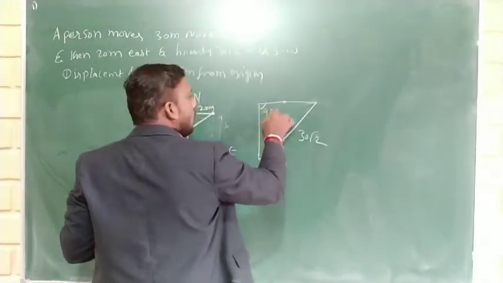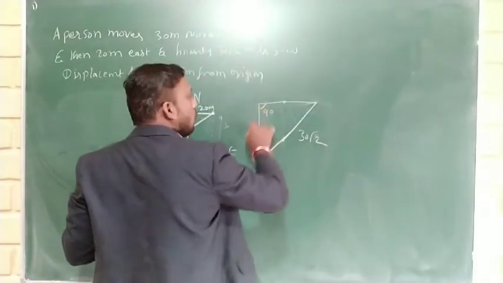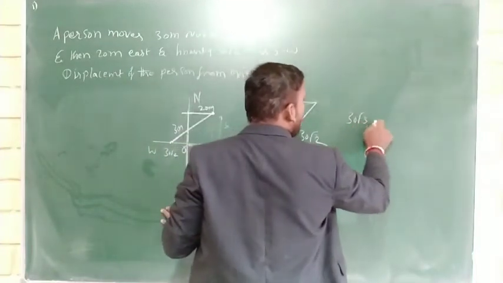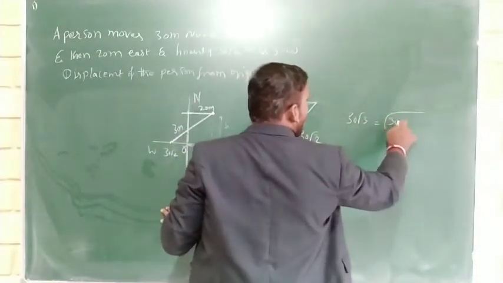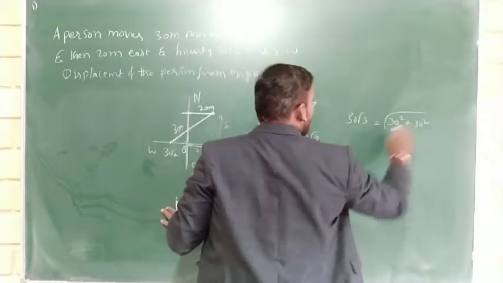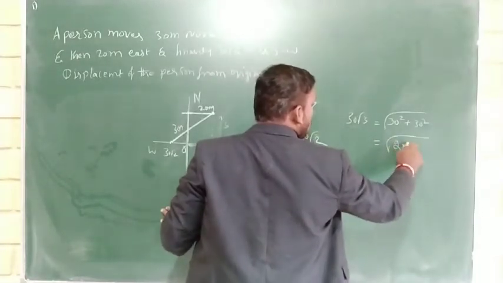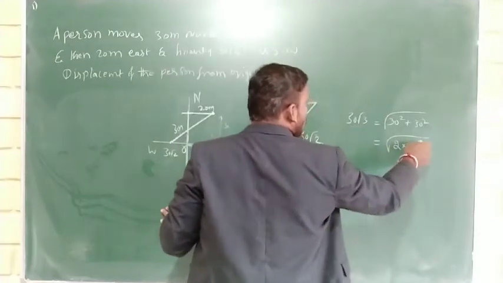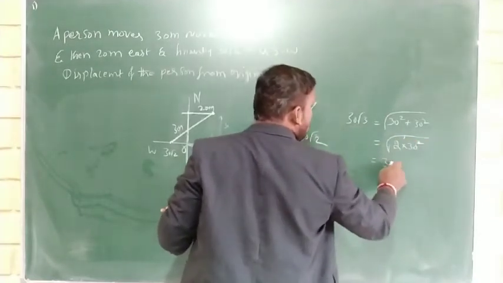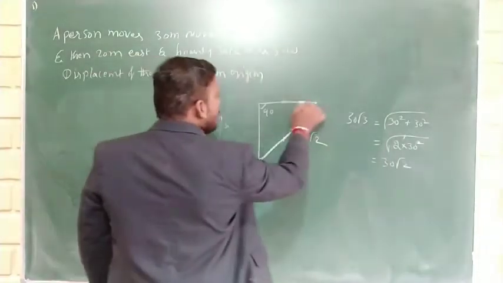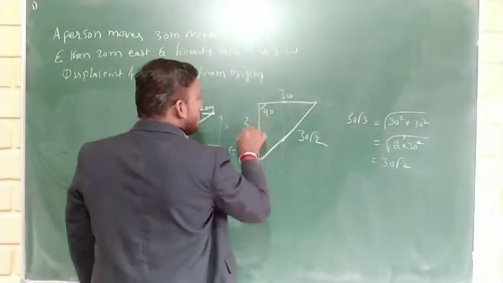This is 90 degree. What about this root length? 30 root 2 can be written as root of 30 square plus 30 square, that is equal to root of 2 into 30 square. For 30 square, square root cancels. Remaining is 30 root 2. Therefore, this length is also 30 and this length is also 30.